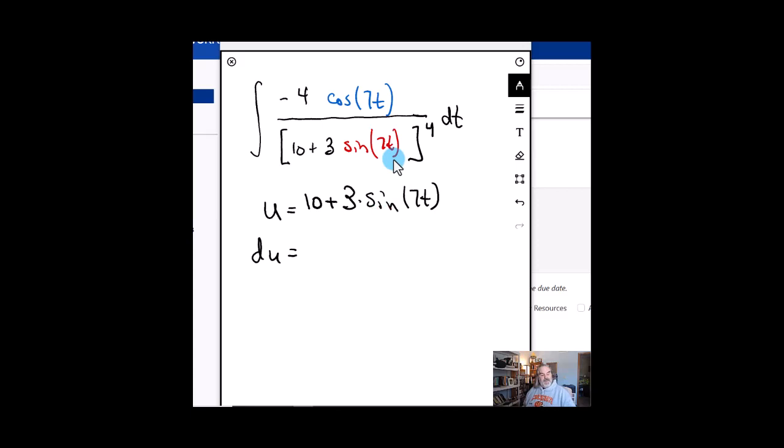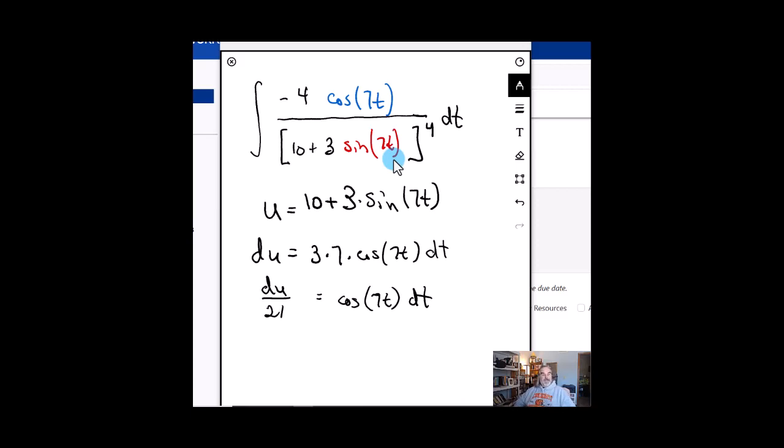3 sine of 7t's derivative is 3 times 7 times cosine of 7t dt. Okay, so the cosine of 7t that's waiting up there in the original integral to be substituted for is du over 21, that 3 times 7.